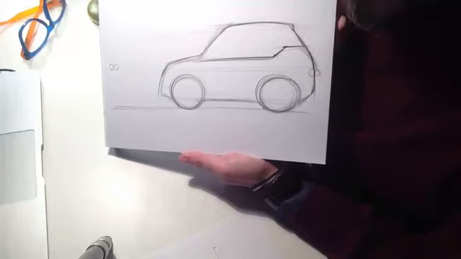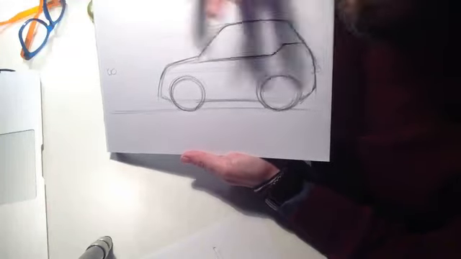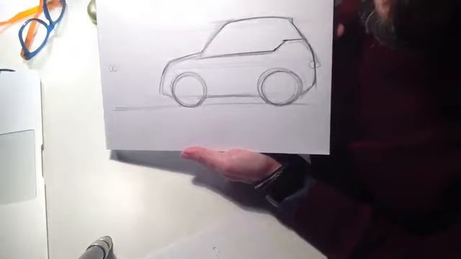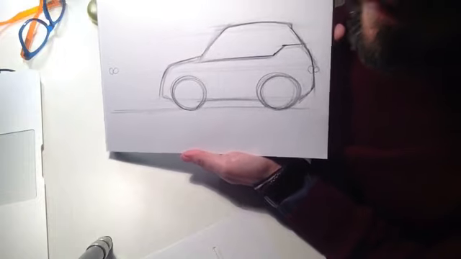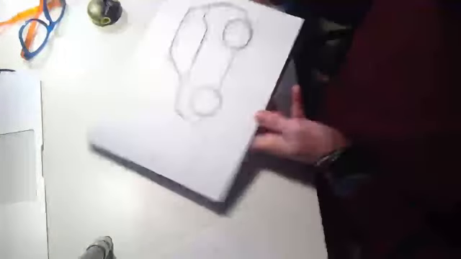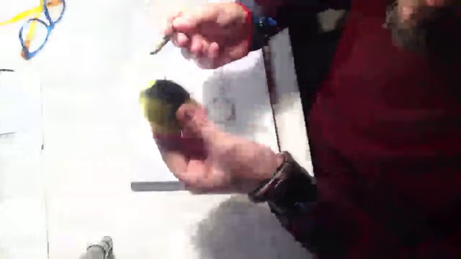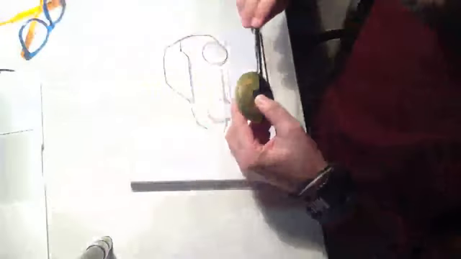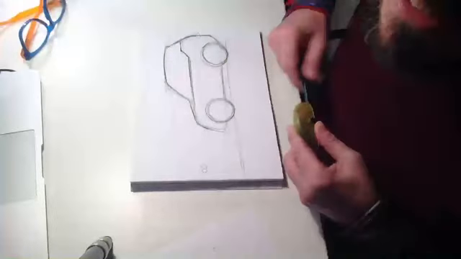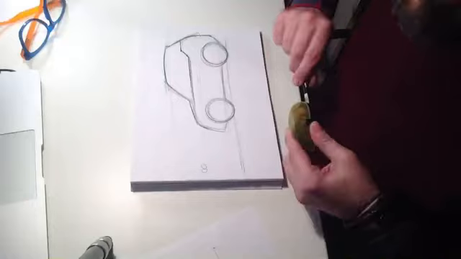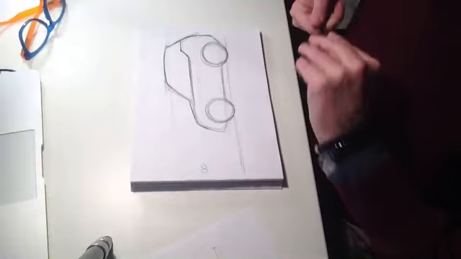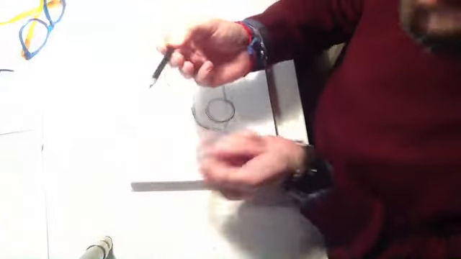Now what I will do is modify this side into a three-quarter front perspective. But first I have to sharpen my pencil, or the lines are going to become too heavy and it's not going to look good. All right, now I can make an injection here.